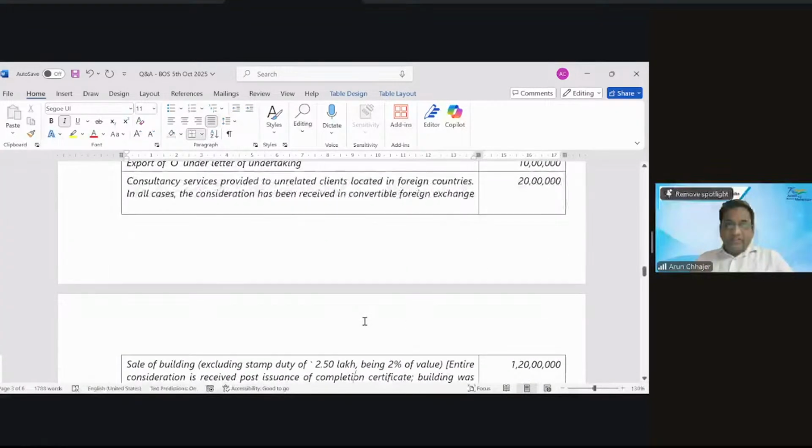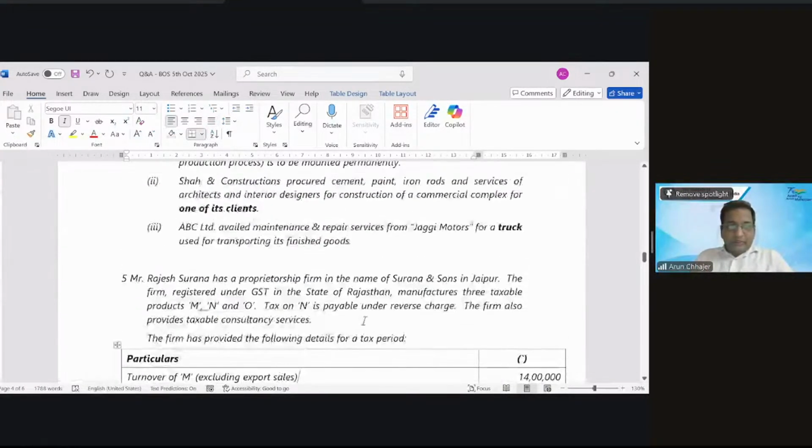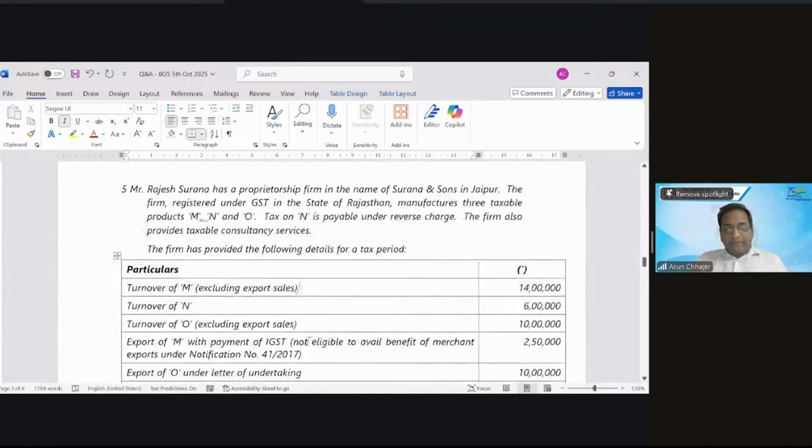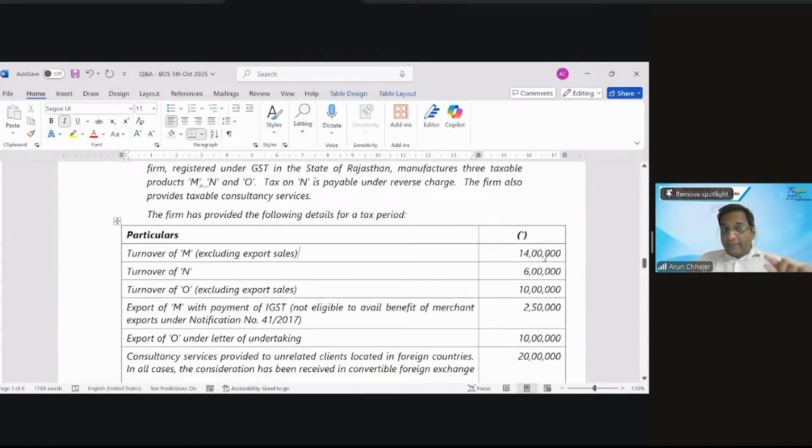What is the information? Turnover of product M is 14 lakh, and export of product M is 2 lakh 50,000.